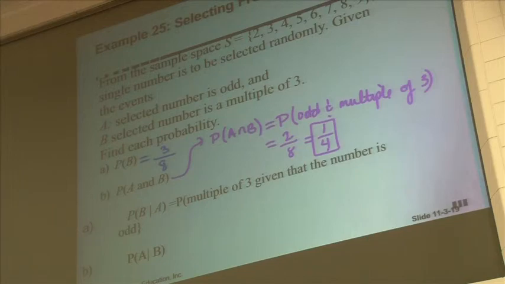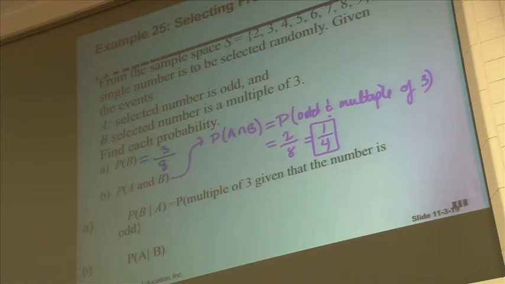All right. Part C. For some reason it renumbered it. That's supposed to be C and D down there. My lecture notes have C and D. Part C. What is the probability that we draw a multiple of 3 given that the number is odd?